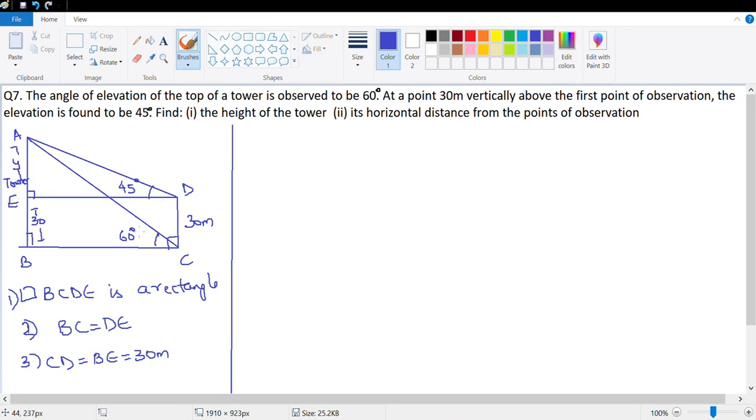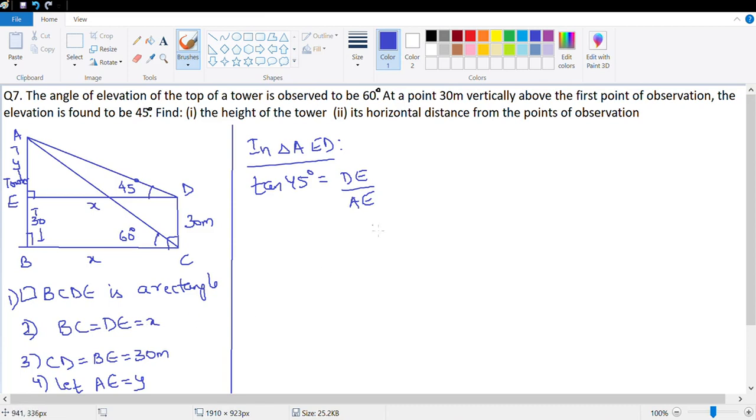So this is number 4, we've taken let AE is equal to Y. Next, in triangle AED, tan 45 degrees is equal to DE upon AE. We've not taken a variable for DE, so let this be X. Similarly, DE is X, so BC is equal to DE is equal to X. Right? We've taken this variable now.